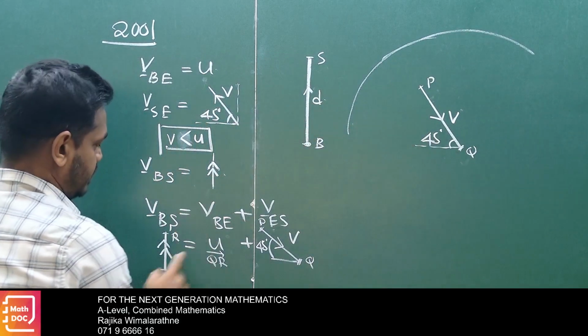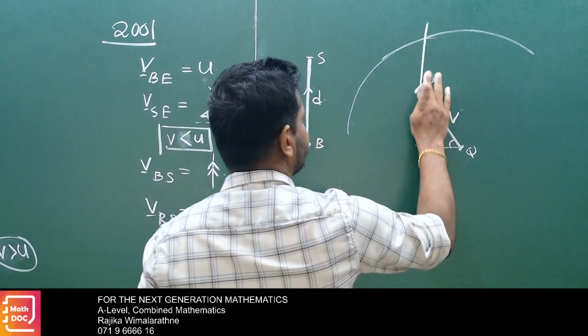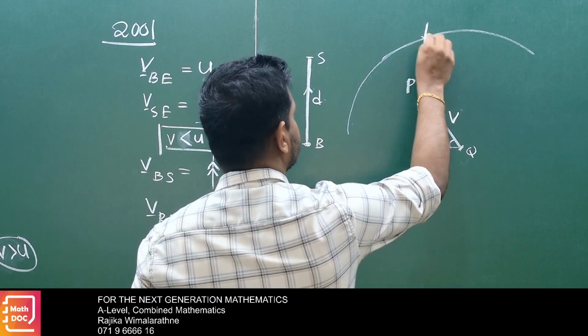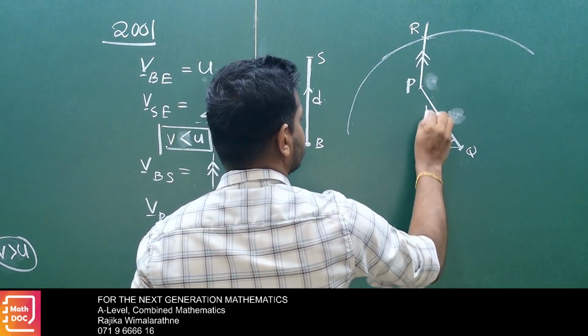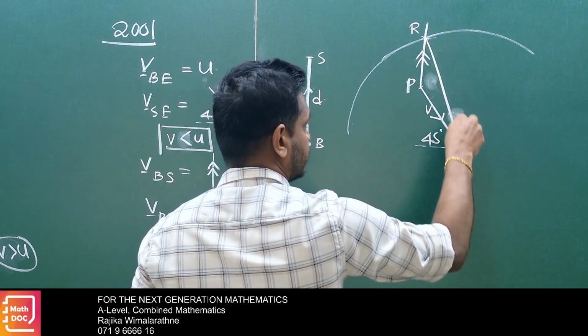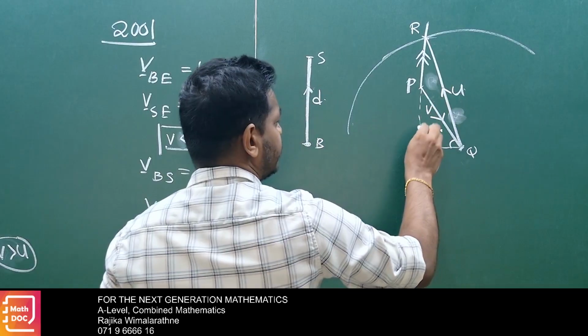Now here the resultant PR has to move this way. Then P, this will be R. Then here radius U. Then we need to find the PR value.